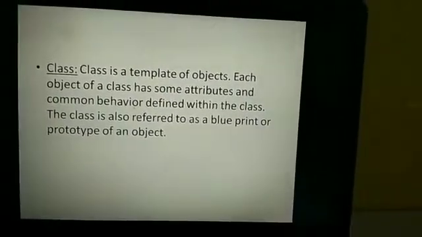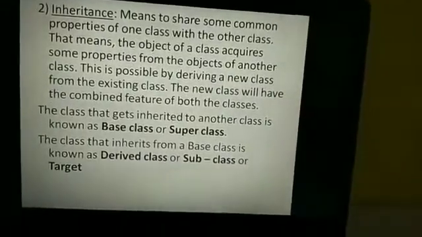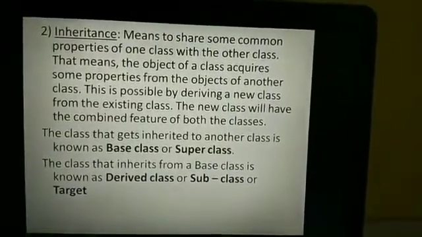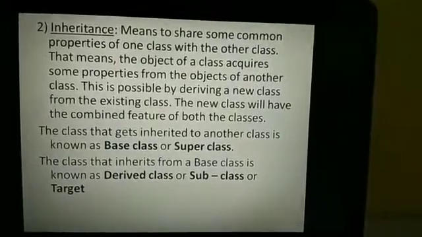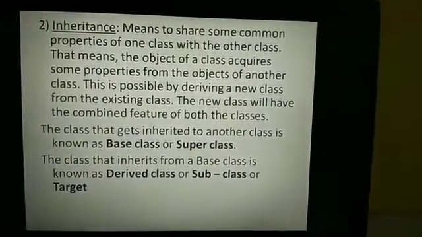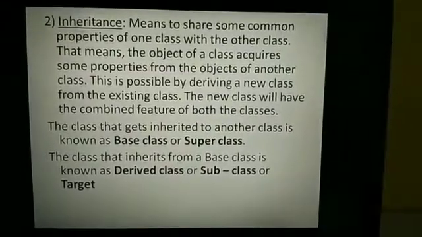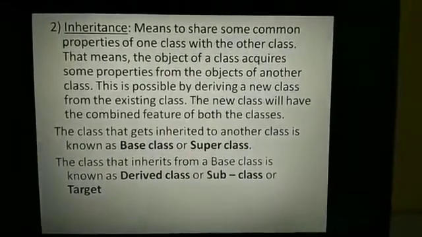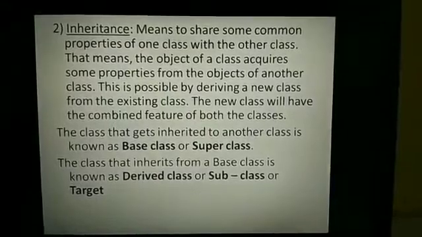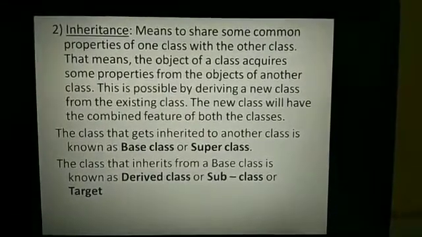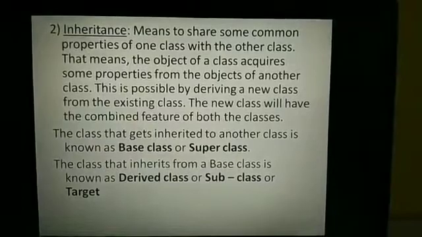Now, coming to the second principle of object-oriented programming, which is inheritance. Inheritance means to share common properties of one class with another class. That means the object of a class acquires some common properties from the objects of another class.